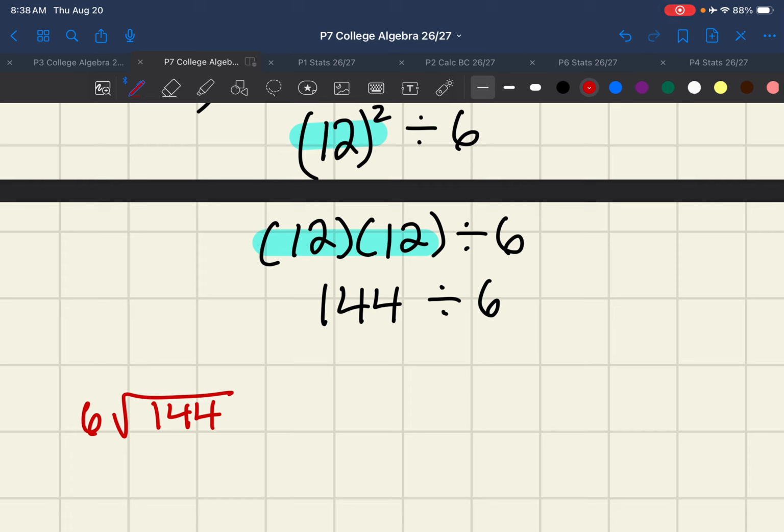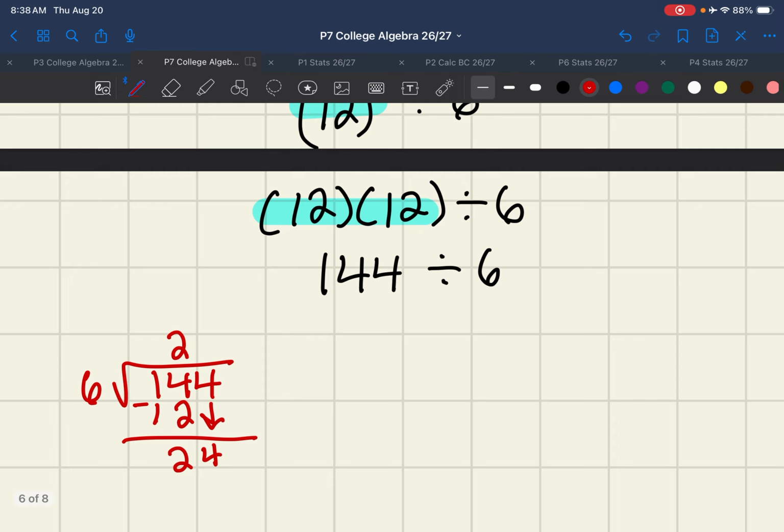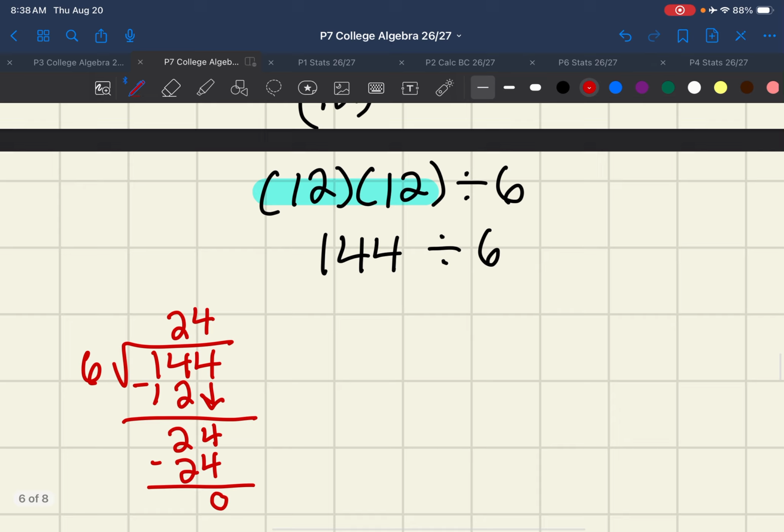Well, 6 goes into 14 2 times, and 6 times 2 is 12. Okay, 14 minus 12 is 2, bring down the 4, and now we're dividing 6 into 24. Well, 6 goes into 24 4 times. 6 times 4 is 24. Subtract it, and we get 0 as our remainder. Okay, which tells us that 144 divided by 6 is 24. That is our answer.